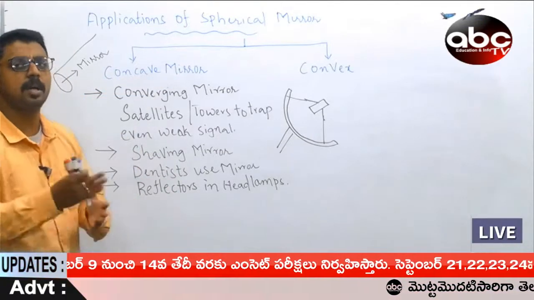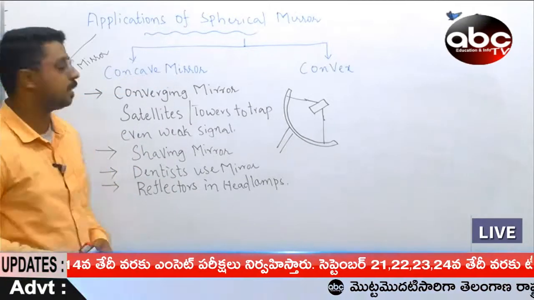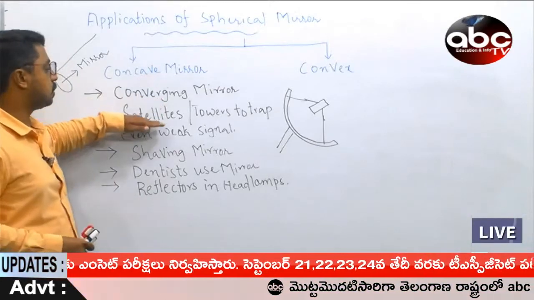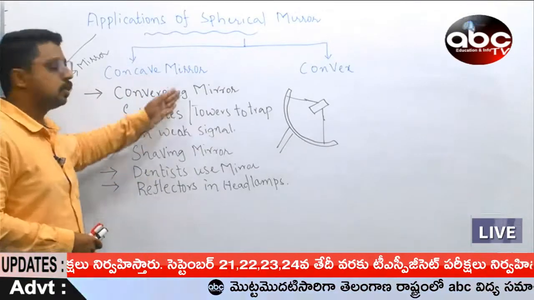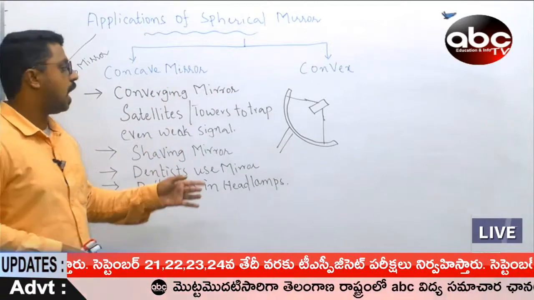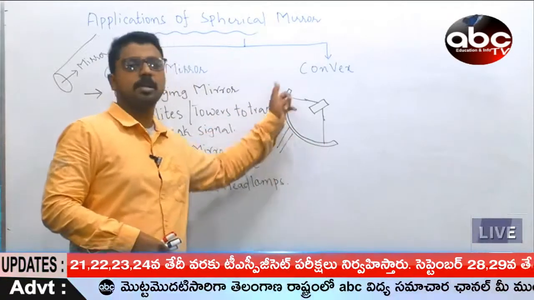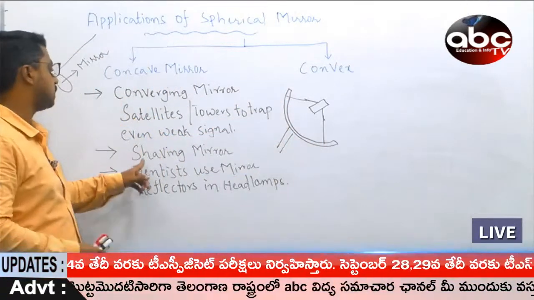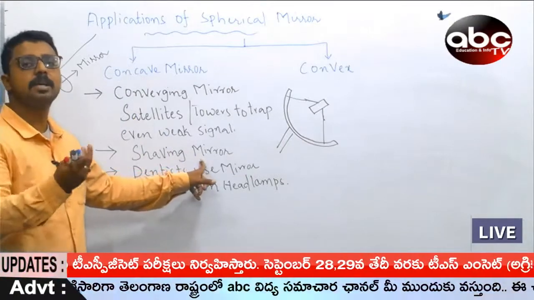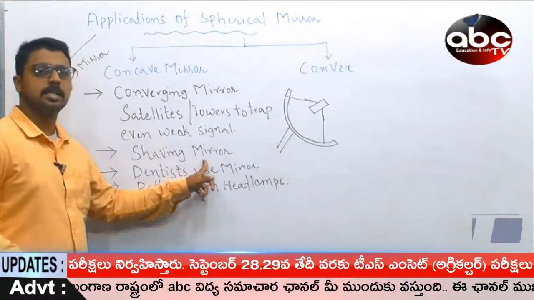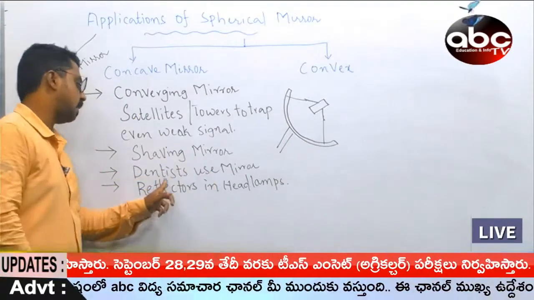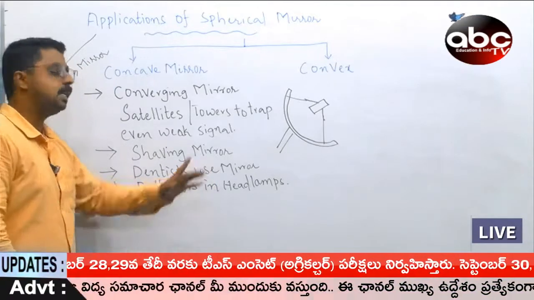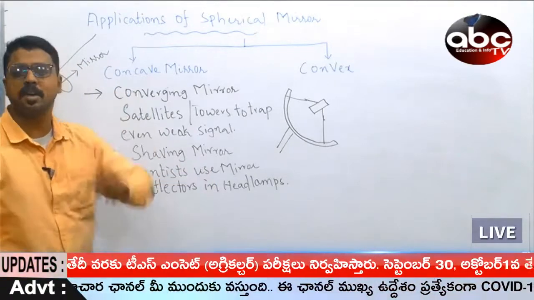These are just for a normal understanding. The first one is they are used to trap even weaker signals. So even a dish or satellite is made with a concave mirror surface. Second one is, due to the enlargement in the image, they are useful as shaving mirrors. At the same time, they are also useful as dentist mirrors for their treatment.